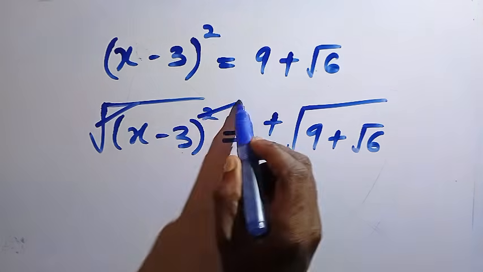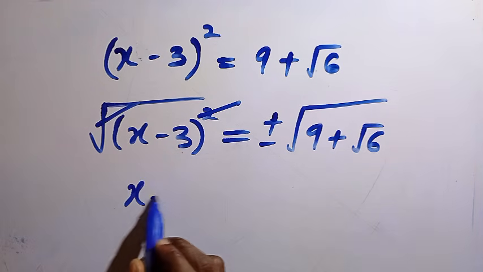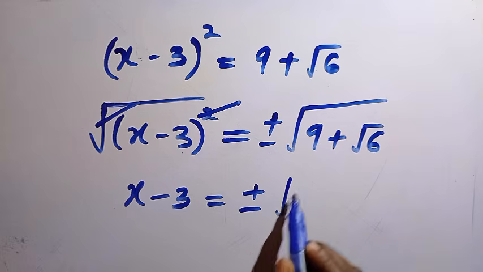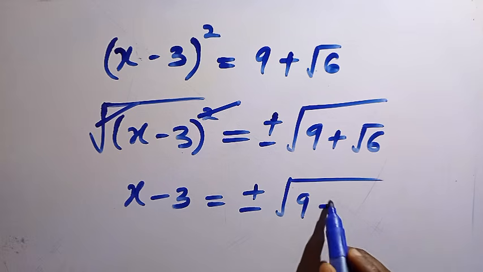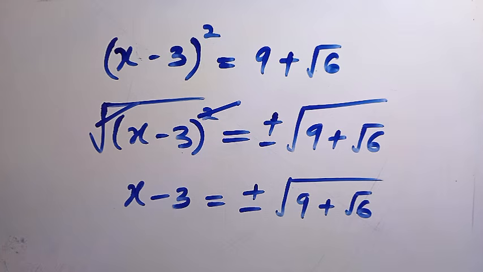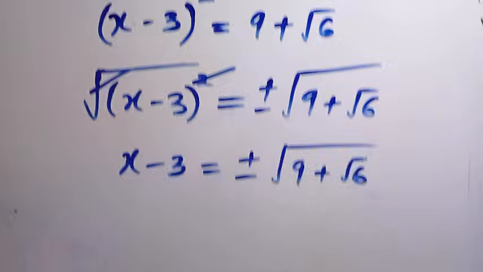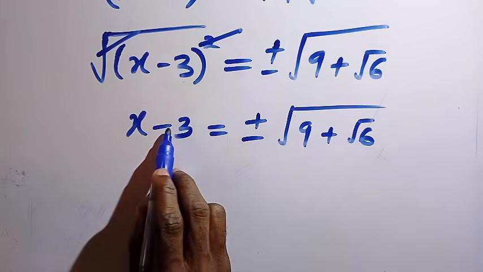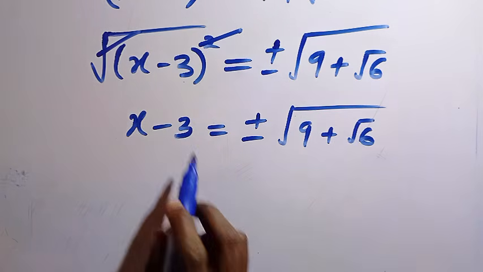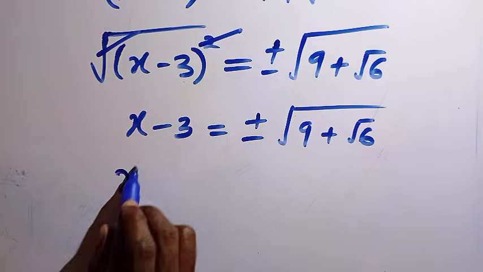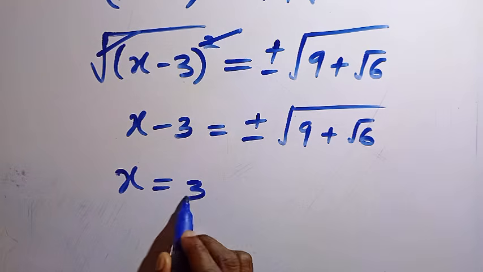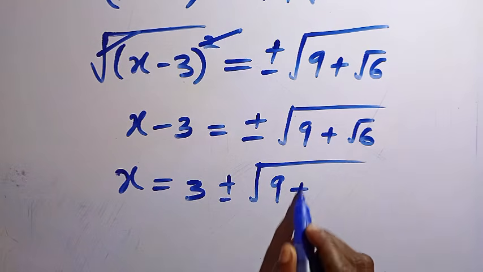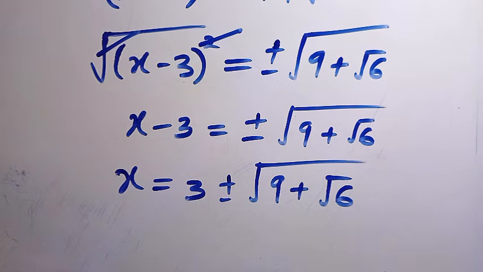So square and square root cancel. This leaves us x minus 3 equals plus or minus square root of 9 plus square root of 6. Then let's take this 3 to the other side. So we have x equals 3 plus or minus the square root of 9 plus square root of 6.